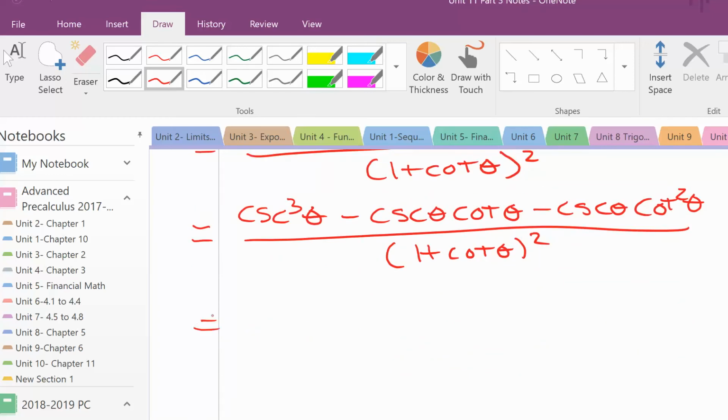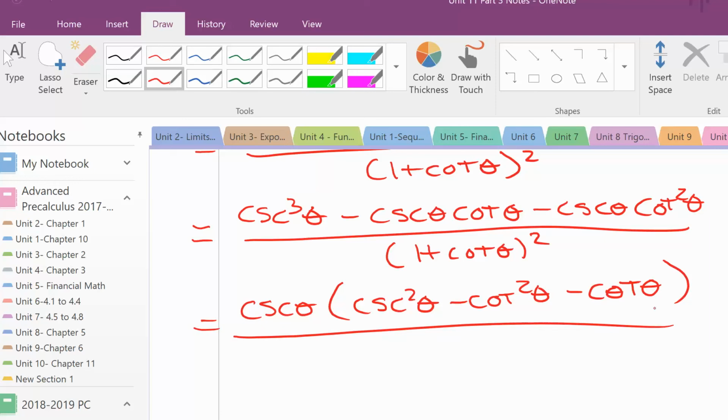And then factoring the cosecant, we get cosecant squared theta minus cotangent squared minus cotangent all over 1 plus cotangent theta squared.